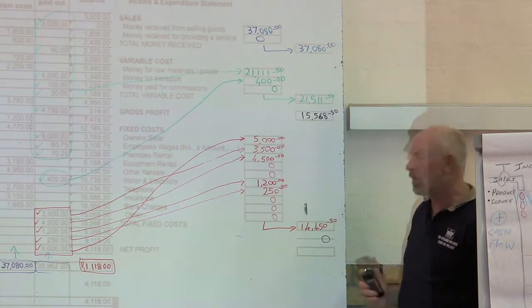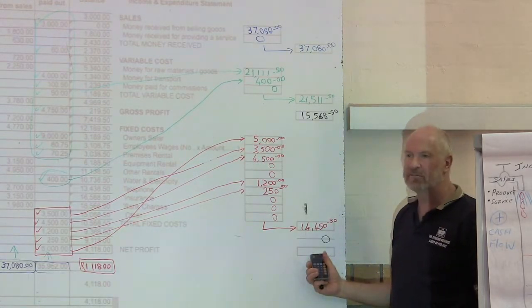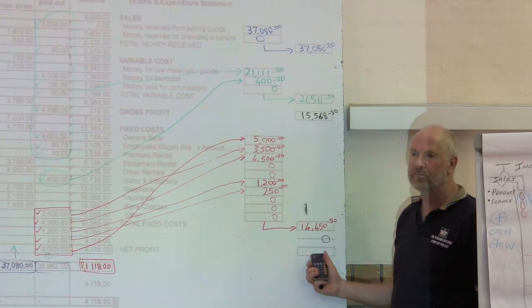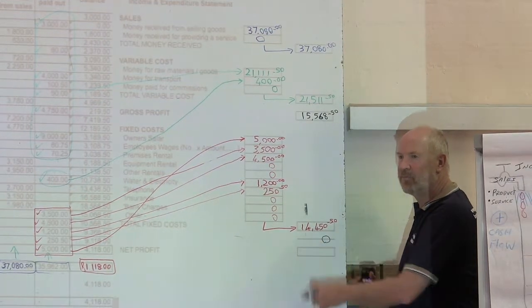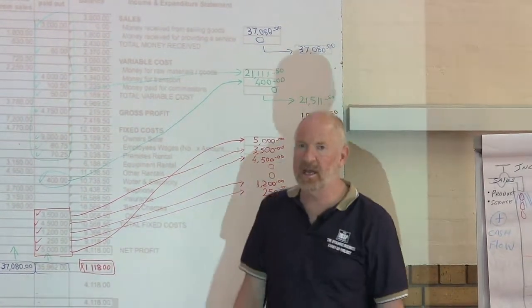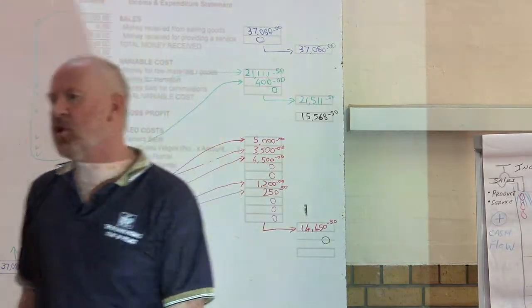Then Wendy, how would you get your net profit? How would you get this figure here? Take your 14,000. Okay, so what do you do with your 14,000?